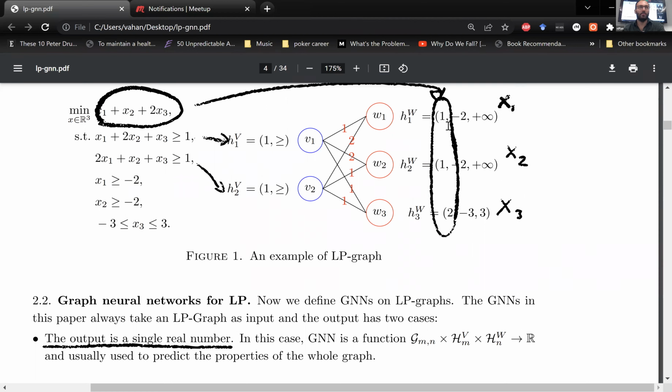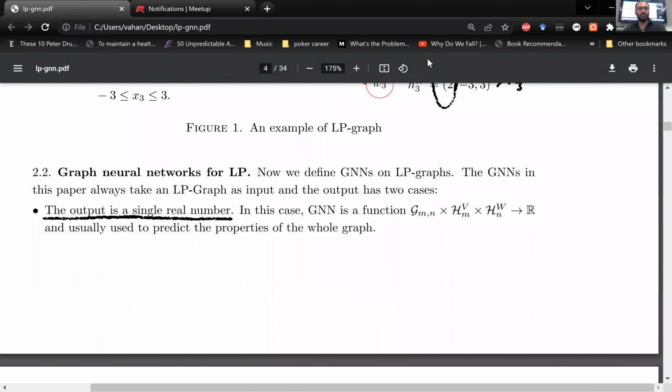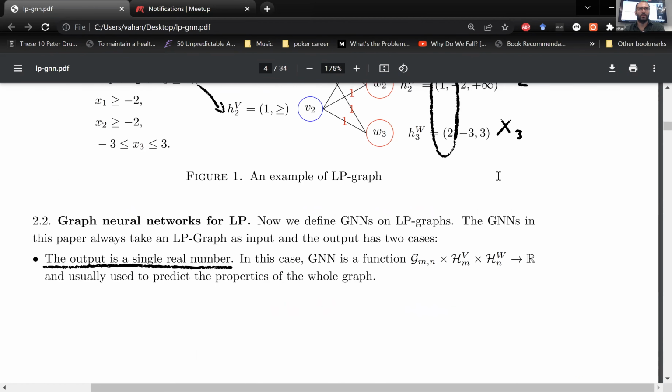Why would they have different dimensional features? Because here you have 1 and an inequality, and here you have 1, -2, infinity. You have to convert them to the same dimension, which they do later when training the models. Yes, you have to define an embedding function for each side, but the embedding maps to the same dimension for both sides.